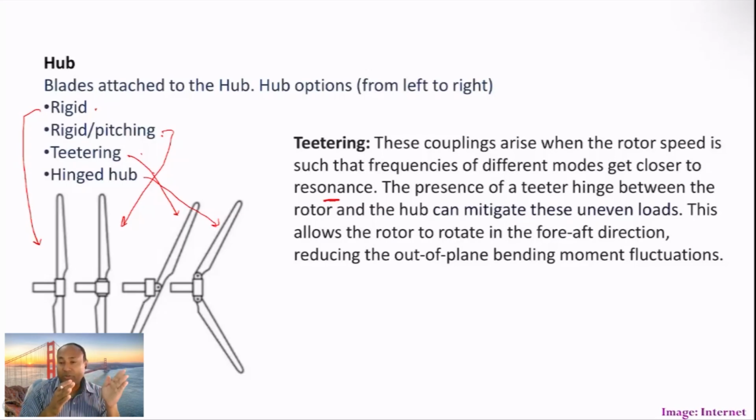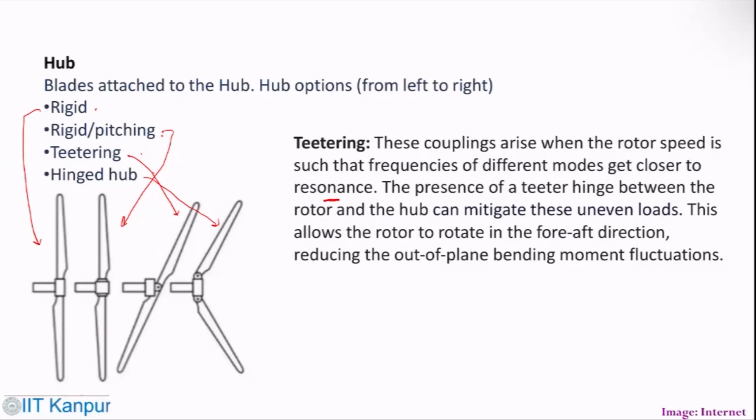When the wind gust comes, the blades can have different kinds of frequency, because that's a structural component. To avoid reaching the natural frequency, where resonance takes place, this kind of teetering can counter that situation. So that's the advantage of having these things.